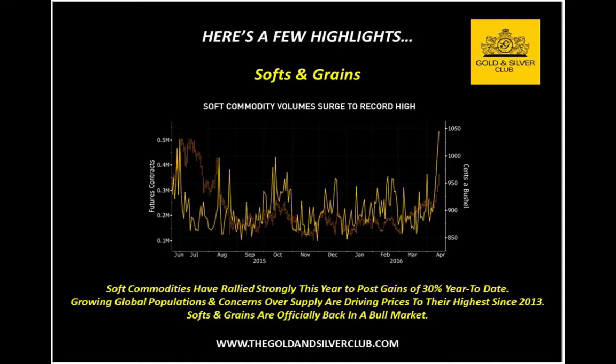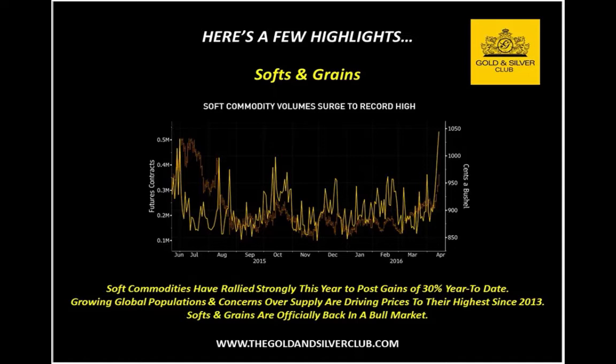We've seen a lot of investors flock away from equities like the S&P 500 and the Dow Jones, and they're now moving into safer asset classes, which include soft commodities, which have rallied over 30% year to date. If you have a look at markets like sugar, wheat, corn, soybeans, coffee, cocoa, these markets have done incredibly well in 2016. In fact, soybeans is one of the best performing markets of 2016, up over 30% this year.